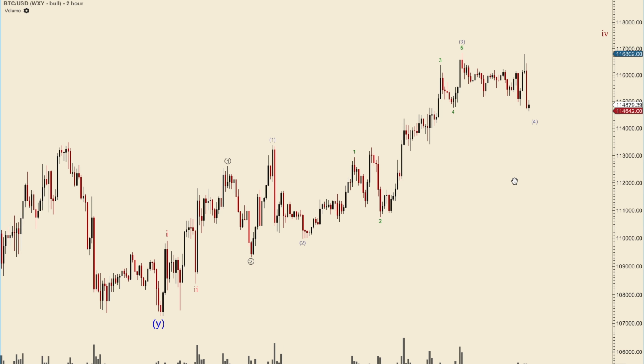The issue here is that this doesn't really count well as an impulse. It's not breaking any rules or anything, as I mentioned before. We are following the rules strictly, but the probabilities here, because you got to count this as a running flat. So you have A, B, C here in wave 2, and a running flat is very, very uncommon. This is the most uncommon flat structure.